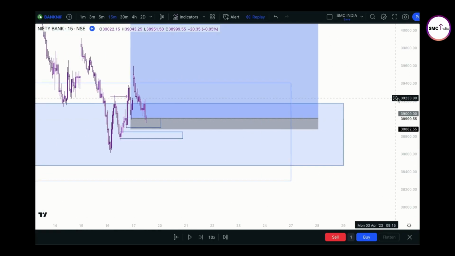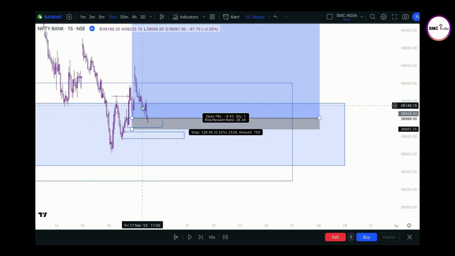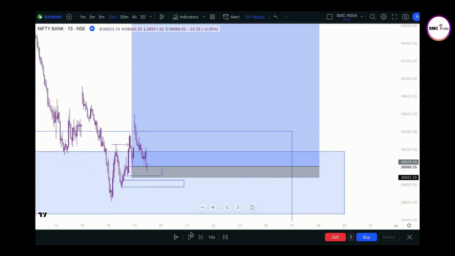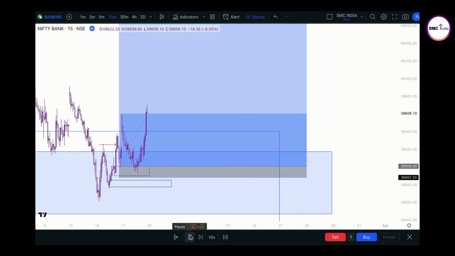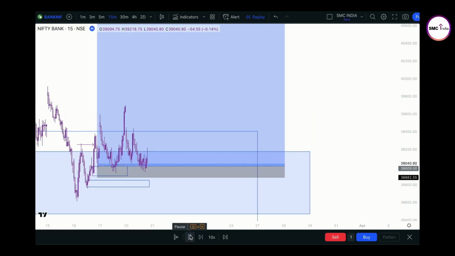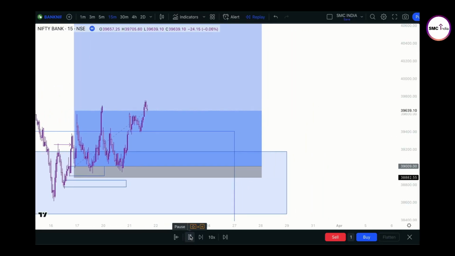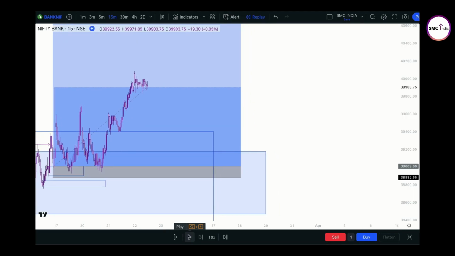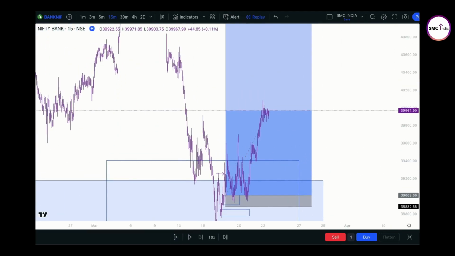And what happens next is that it creates levels of liquidity, and it clearly taps into our order block. And next, see what happens. Yes, it's gathering orders. Yes, and it's shooting up again.